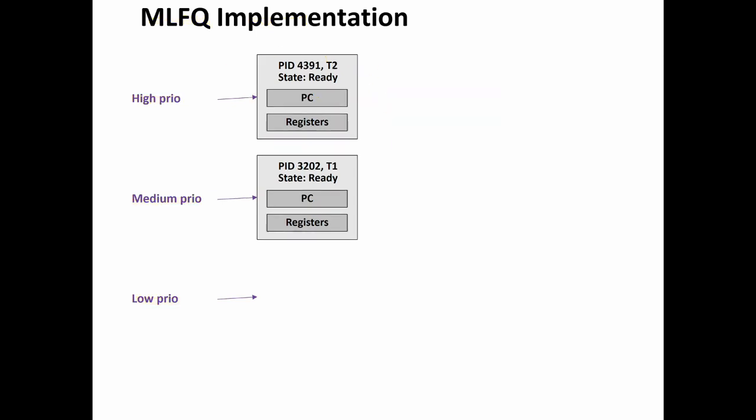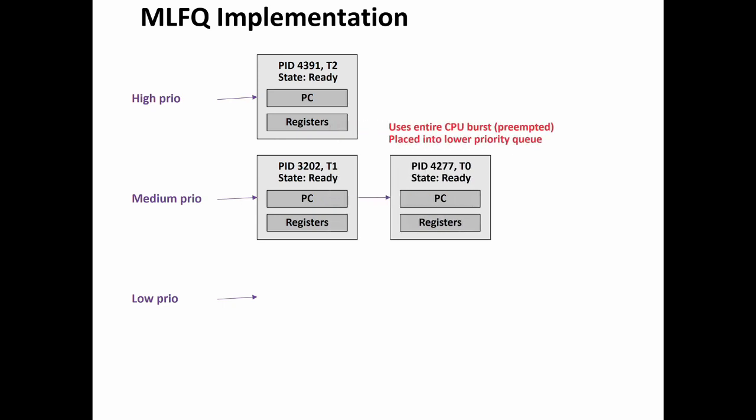You give it a small CPU quantum, but it uses up its CPU burst, and then we have to preempt it to get the CPU back from it. Then we place it into a lower priority queue, as here.